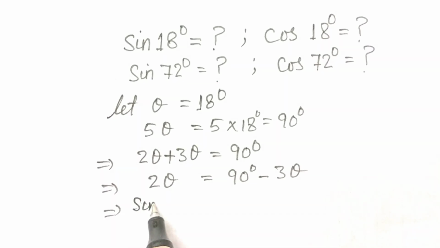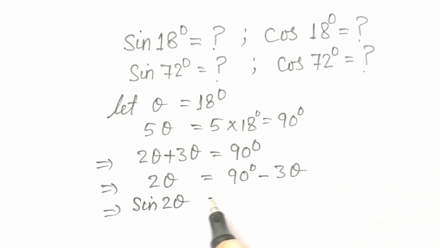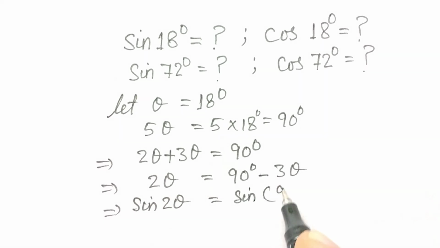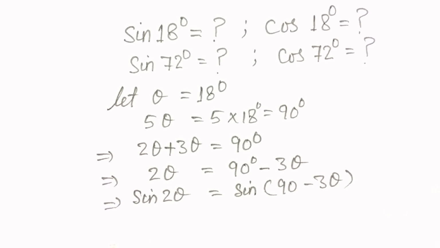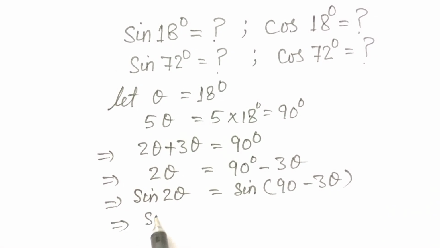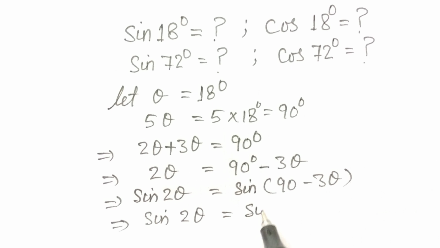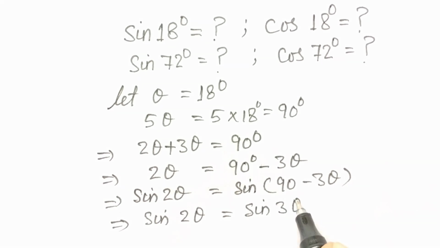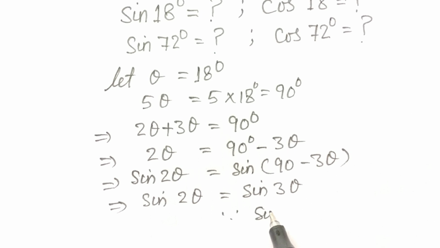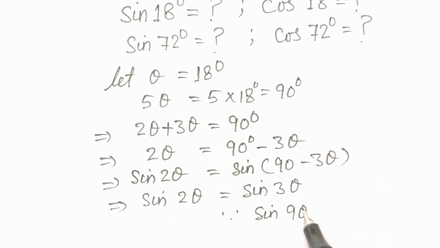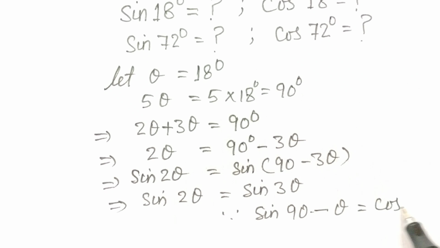So sine 2 theta is equal to sine of 90 minus 3 theta, right? So sine 2 theta is equal to cos 3 theta, because sine 90 minus theta is equal to cos theta.